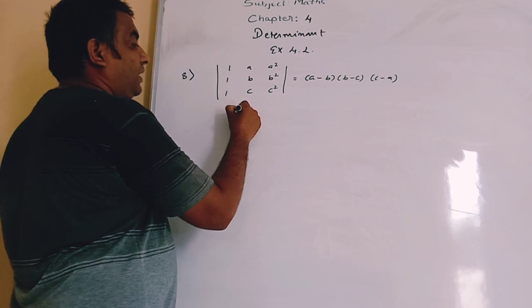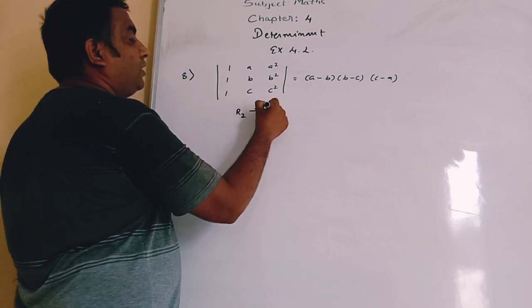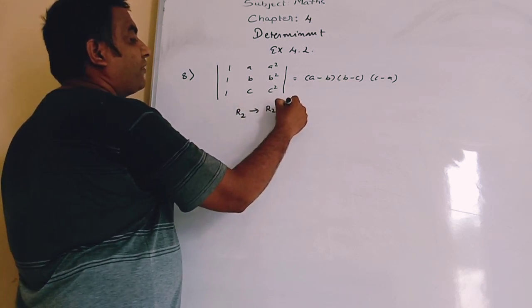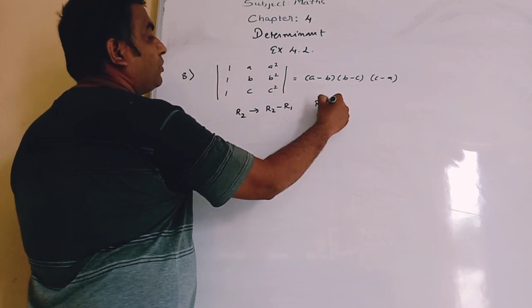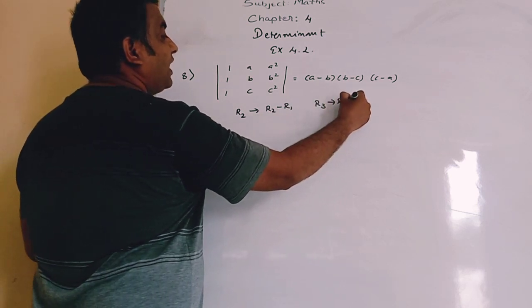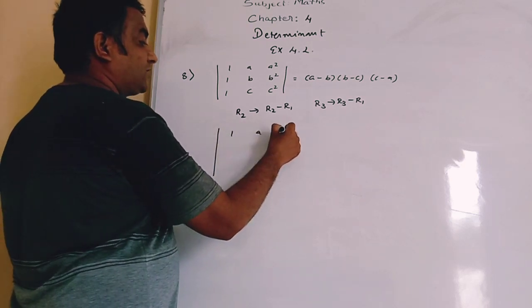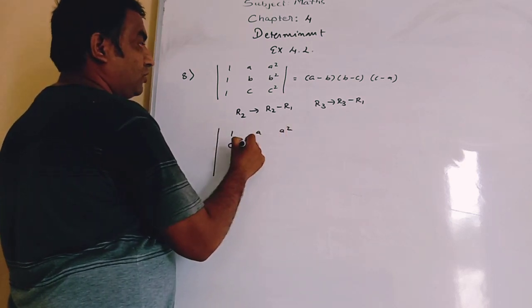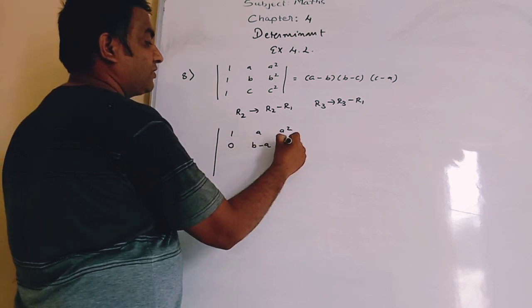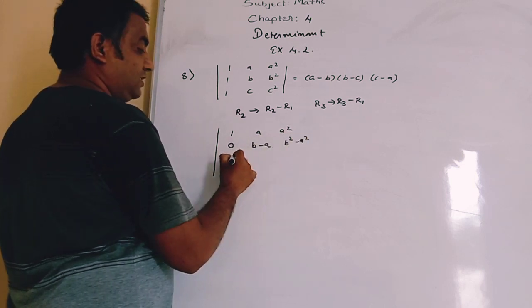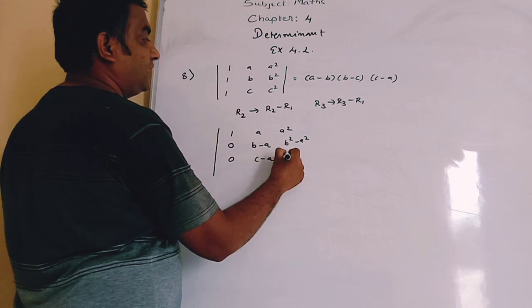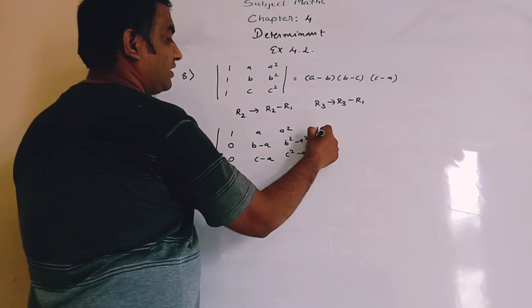So we apply R2 transform into R2 minus R1 and R3 transform into R3 minus R1. And we write here 1, a, a square as it is; 0, b minus a, b square minus a square; 0, c minus a, c square minus a square.